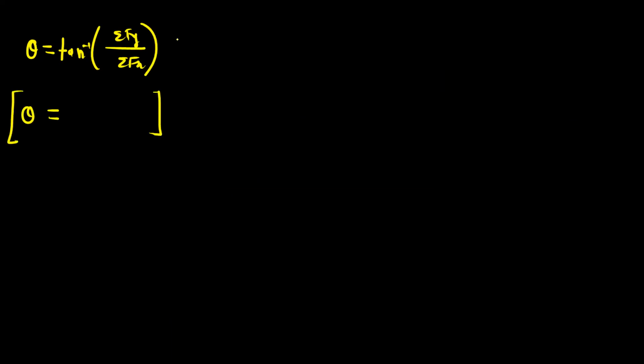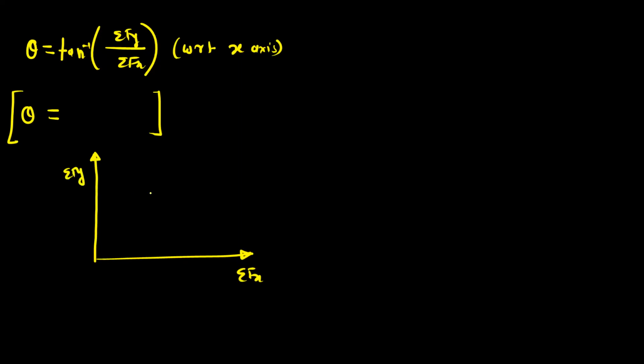So this angle theta is always with respect to the x-axis or the x component of resultant. So now we know that this is the summation Fx on positive x-axis. This is summation Fy. So definitely resultant will lie in the first quadrant. So this is the R, and this is the angle of resultant with respect to positive x-axis.